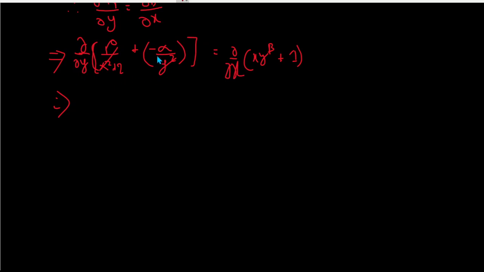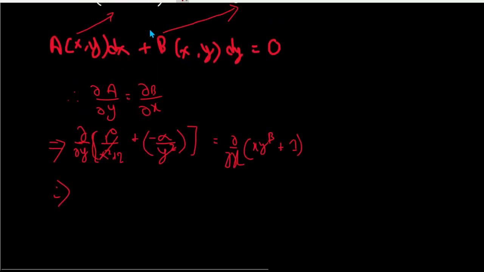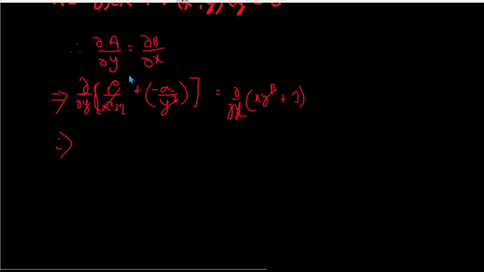And the differentiation of alpha by y is negative of alpha divided by y squared. On the other side, del by del x of x y beta, treating y beta as constant and x giving 1, equals y beta, and of course 1 is a constant, so its differentiation is 0.